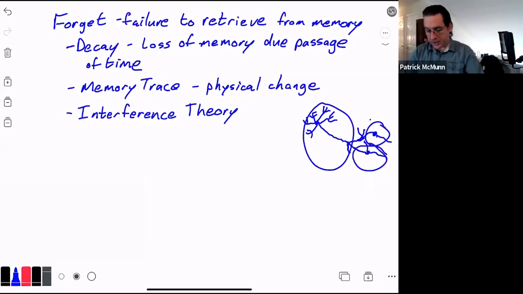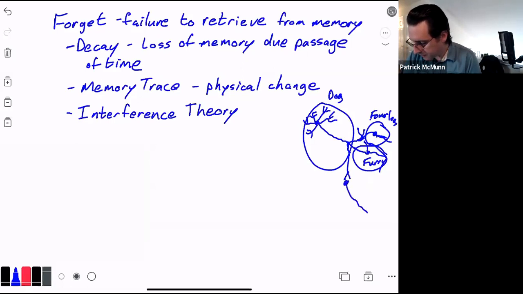So what would happen, according to interference theory, is that these neural pathways are formed. They branch off into other neural pathways. We'll say this one is dog. Dog has 4 legs. It's furry. Let's see, what would this one be? We'll say this one moos, right?